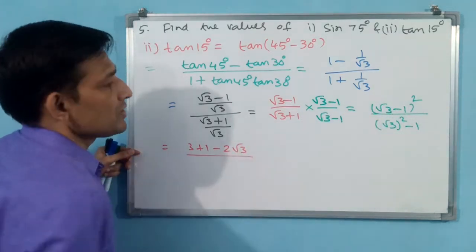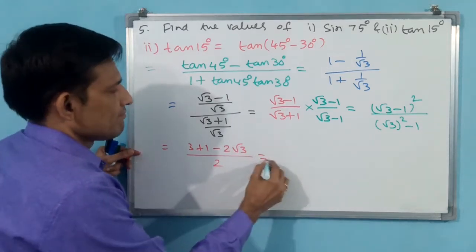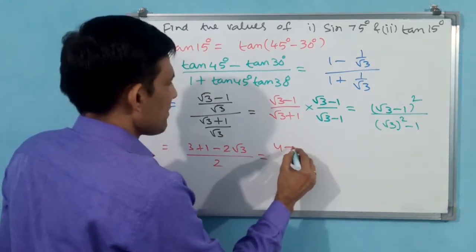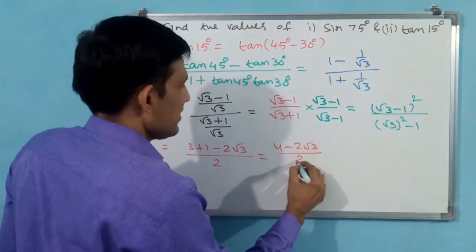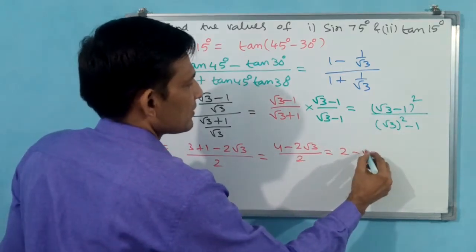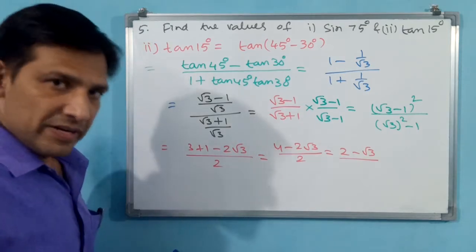Denominator you see, root 3 square is 3, 3 minus 1 is 2. Okay? 3 plus 1 is 4 minus 2 root 3 by 2. 4 by 2 is 2, minus 2 by 2 is 1. 2 minus root 3 is the answer for your tan 15 degrees.